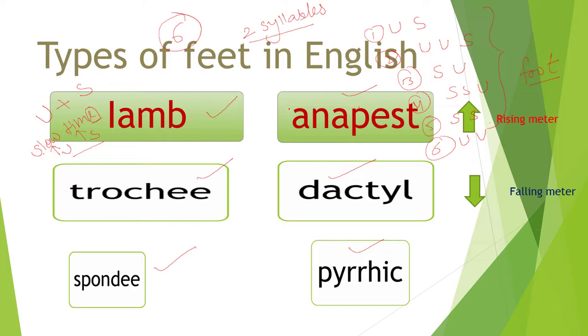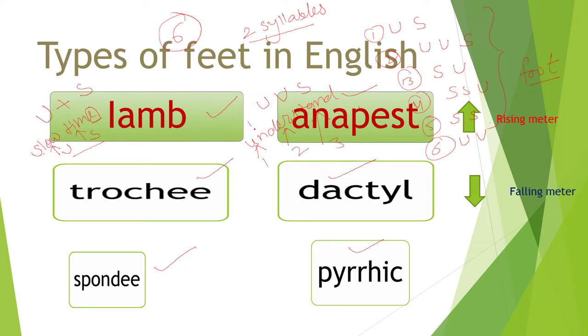Another combination is anapest, in which we have 2 unstressed syllables followed by a stressed syllable. An example is the word understand. Here we have this vowel sound, this syllable, this vowel sound, this syllable, and stand, this vowel sound, this syllable. So here we have 3 syllables.